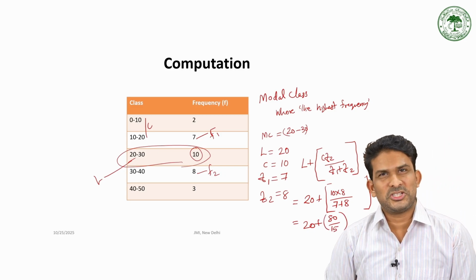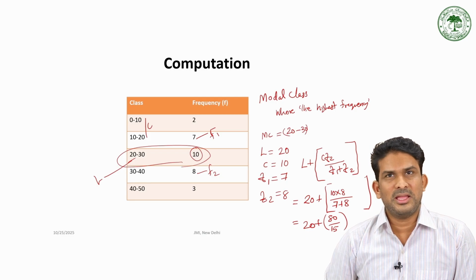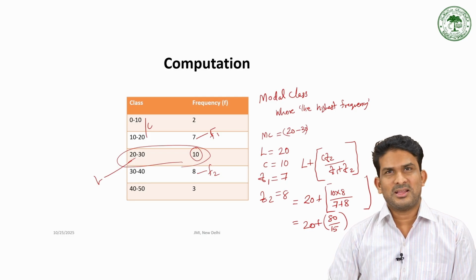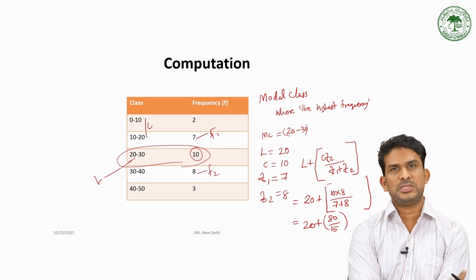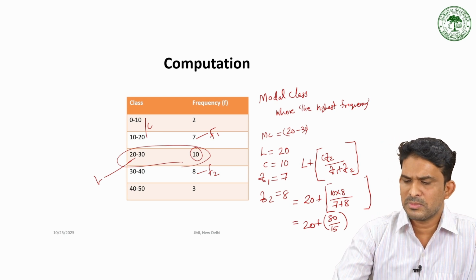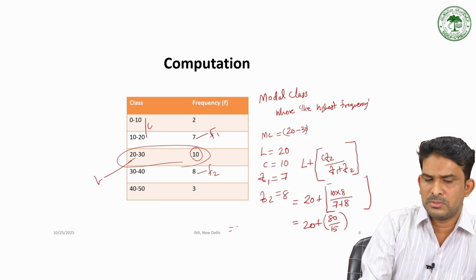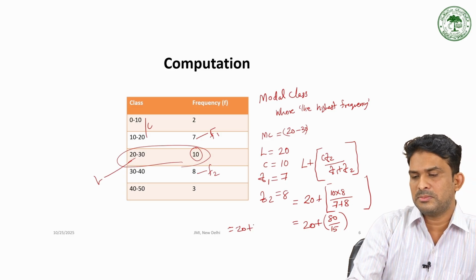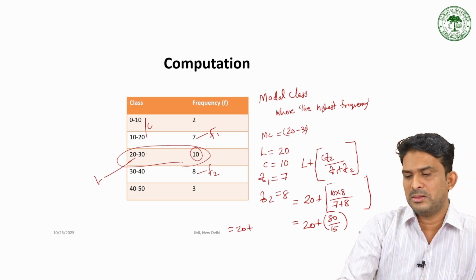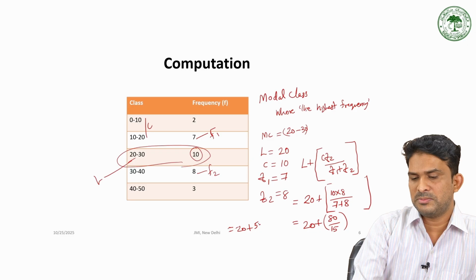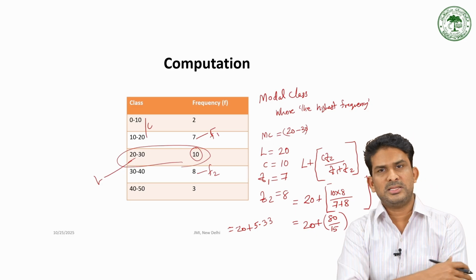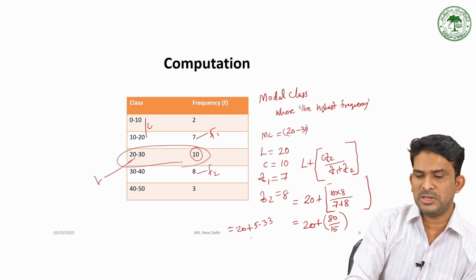Go for the computation. 80 divided by 15. What will be the answer? We have 20 plus 80 divided by 15. 5.33 it will come. Am I right? So it will be 25.33.